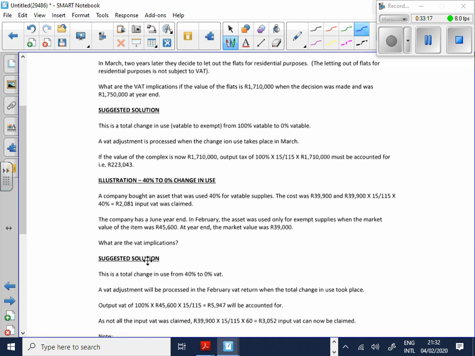Because remember what I said to you: if it's insurance or fringe benefit, you can use the lower percentage. But is this insurance or fringe benefit? So what have I got to do? Output VAT on everything, and then input, lower of cost or market value. So I'm going to use the 39.9 times 15 over 115 times 60%, which gives you 3052.